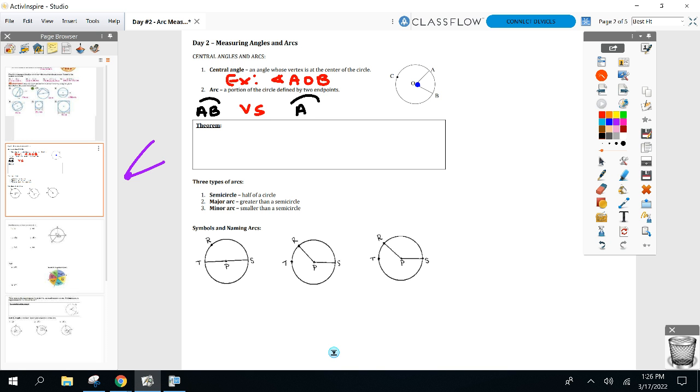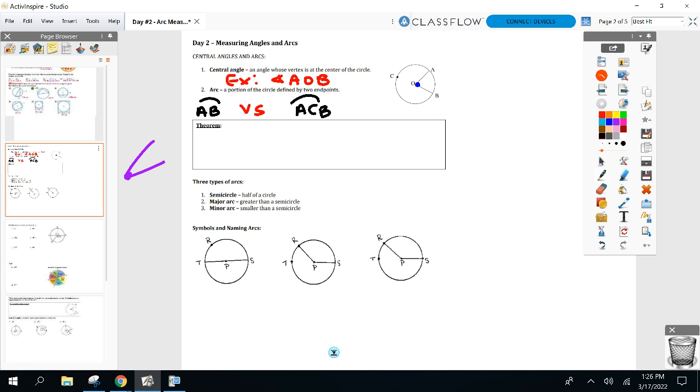Arc ACB. Notice the difference between those two arcs. Arc AB is go right directly from A to B. If I want you to go through another point in between, I'll put the point in between, in this case C. ACB. See the difference there? All good?